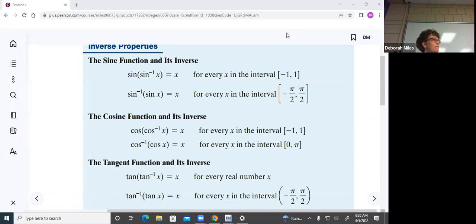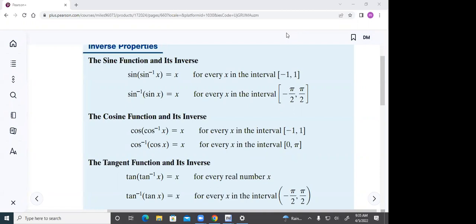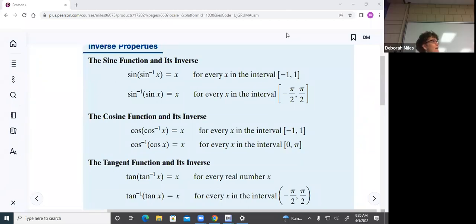You can only take inverse cosine of numbers between -1 and 1. So you can't say cosine of inverse cosine of 3 undo each other and leave you 3, because you can't even take the inverse cosine of 3.